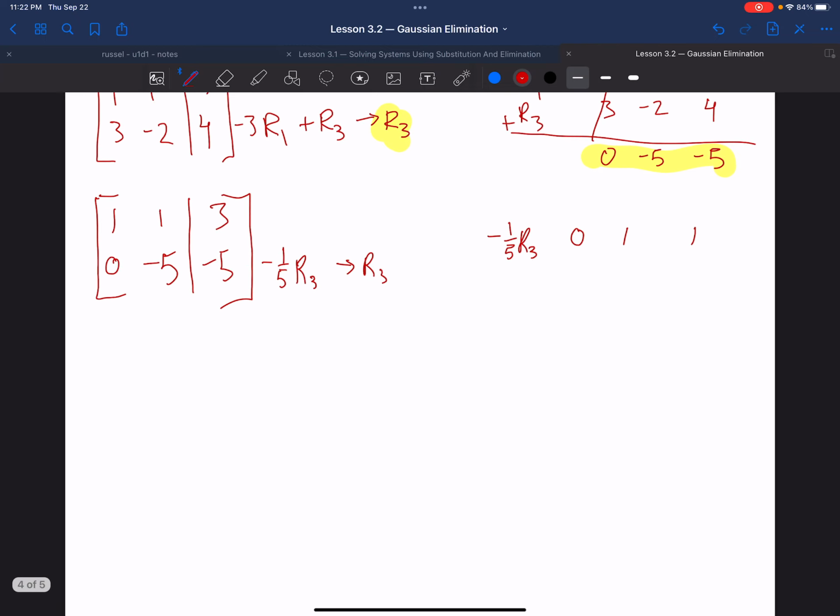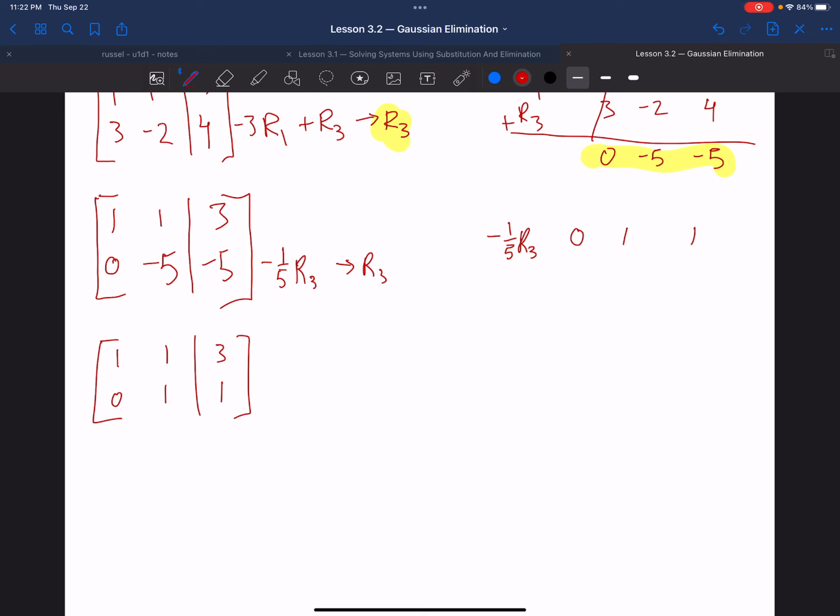So on the next one, I will keep the top row the same, 1, 1, 3, but on the bottom row, it's now 0, 1, 1. Like so.